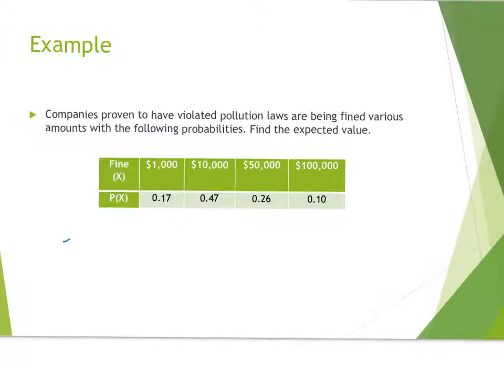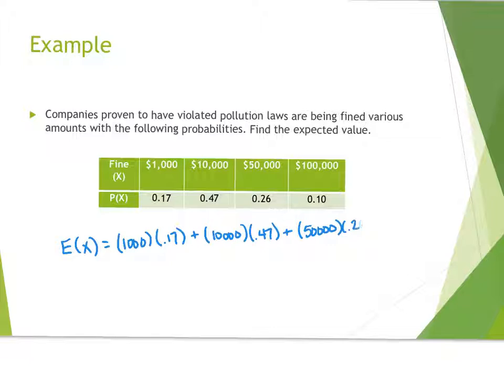So again, the expected value of x is equal to, take every x, so the first x, 1,000, multiply it by its probability, which is 0.17, plus the next x, which is 10,000, multiplied by its probability, which is 0.47, plus 50,000, multiplied by its probability, which is 0.26, plus 100,000, multiplied by its probability, which is 0.10.